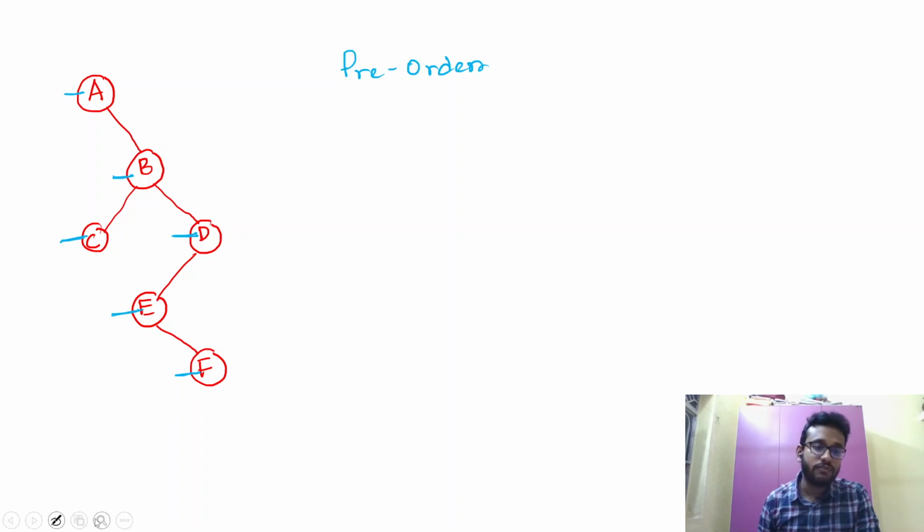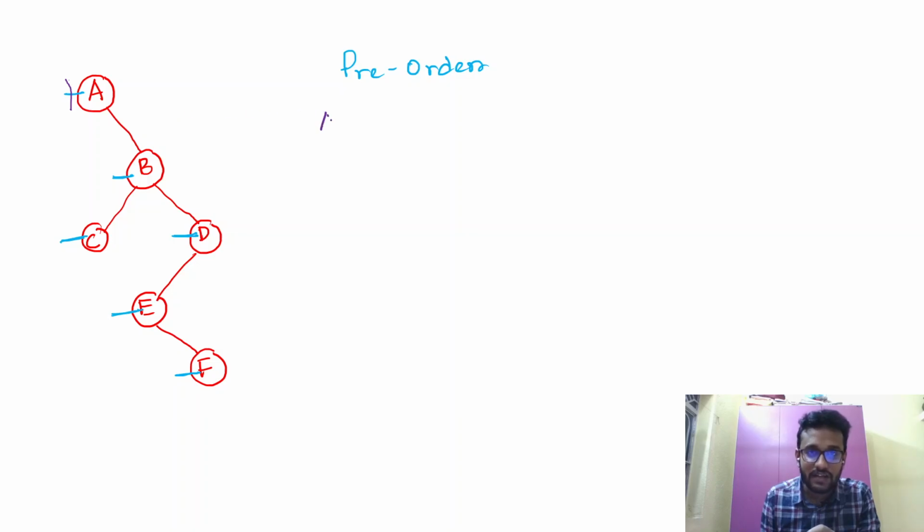Next step, let me change to another color. Now we will try to traverse from A, and wherever we get an intersection, we will write the order. That means I am going, it intersects, in which node do we intersect?